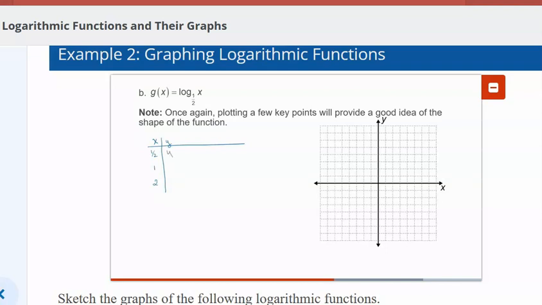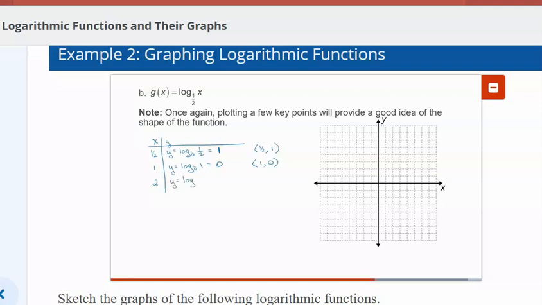And then we'll substitute. Y equals log base 1/2 of 1/2. Gives me a y value of 1. So we have the ordered pair 1/2, 1. And then substituting when x equals 1, y is equal to log base 1/2 of 1. This gives me 0. So I have the ordered pair 1, 0.